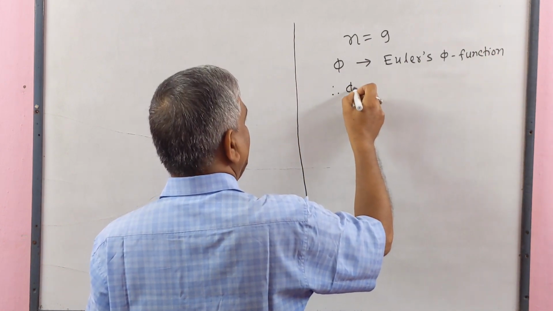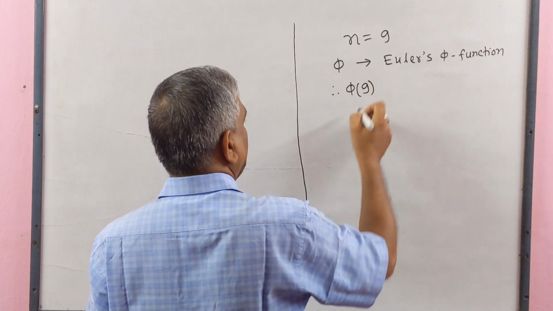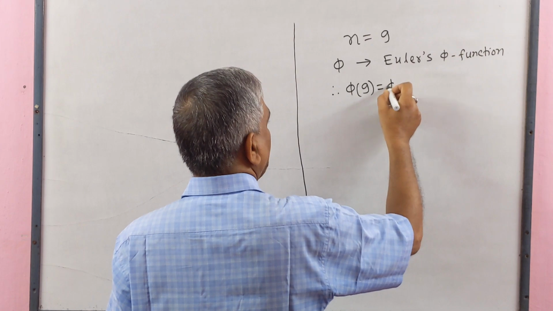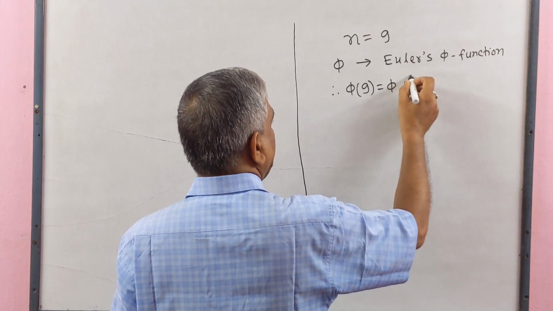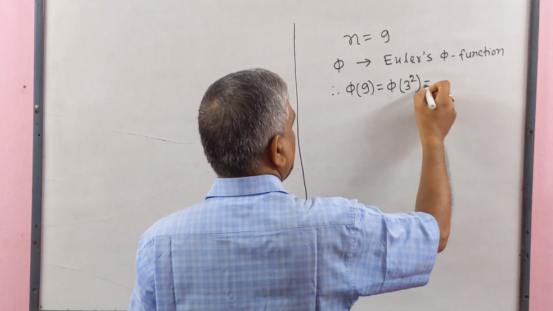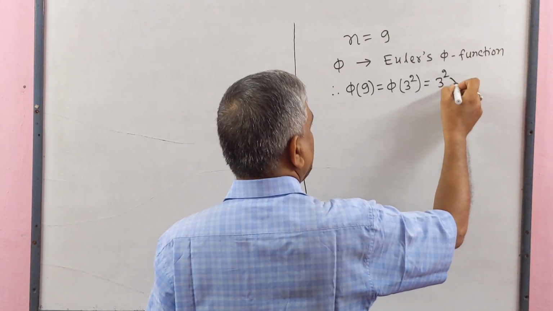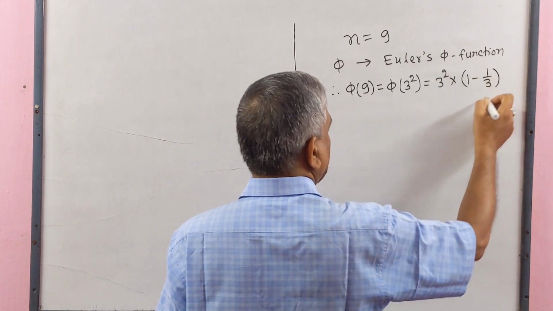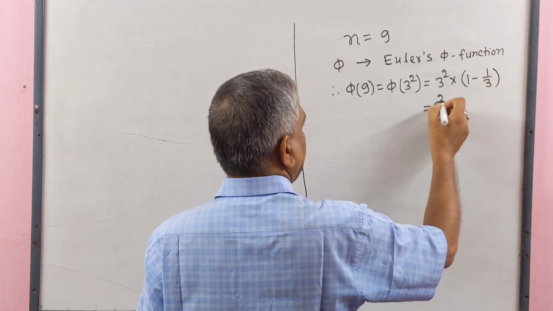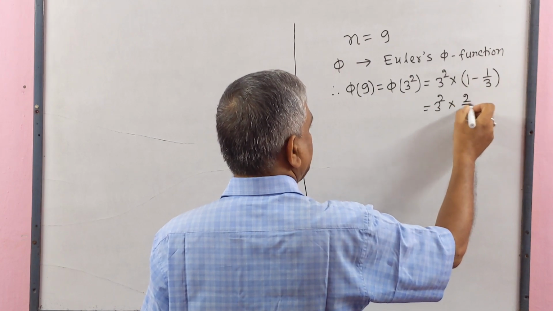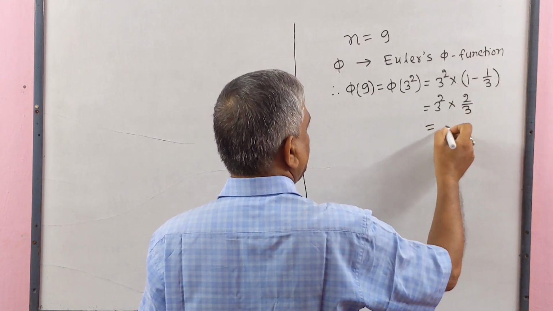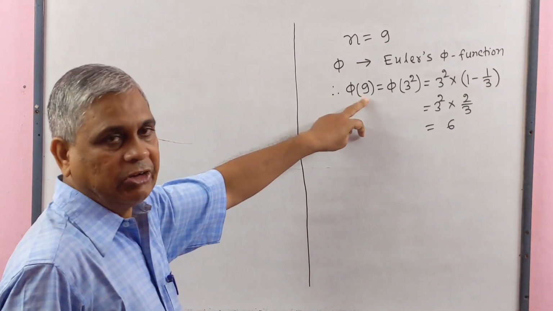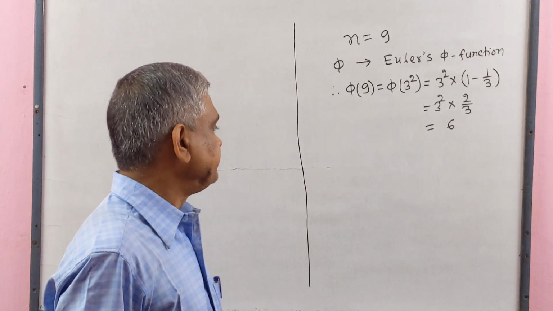Therefore, phi 9, Euler's phi function of 9, equal to phi of 3 square, equal to 3 square multiplied by (1 minus 1 by 3), equal to 3 square multiplied by 2 by 3. This is equal to 6. Therefore, Euler's phi function of 9 equals 6.